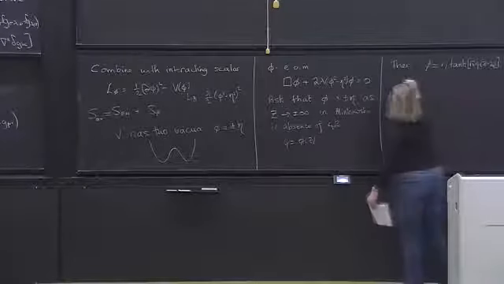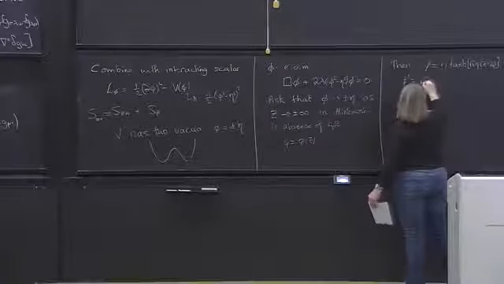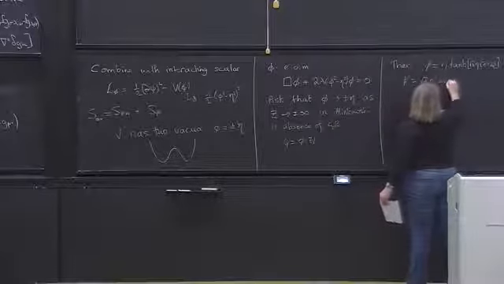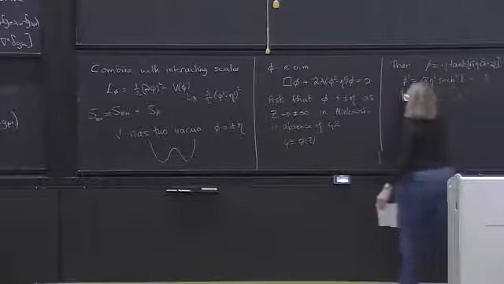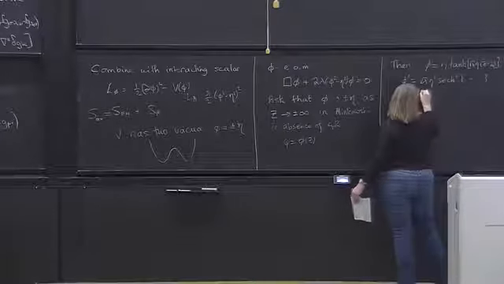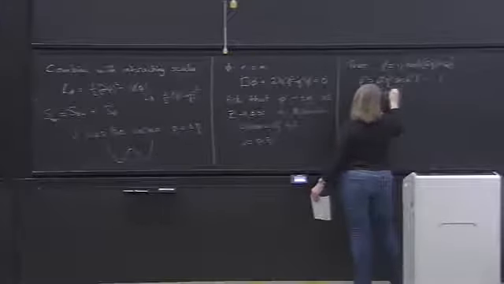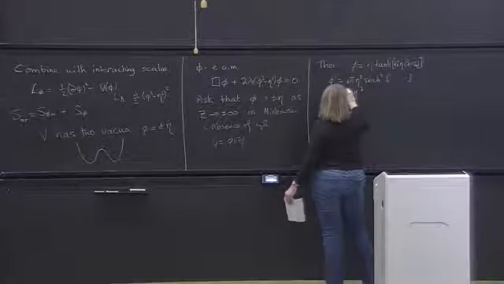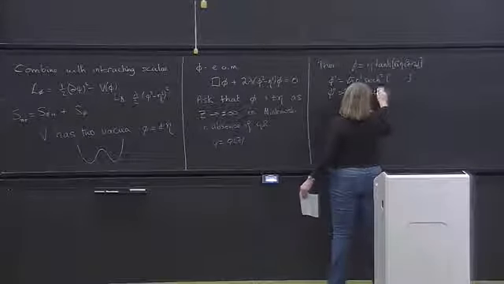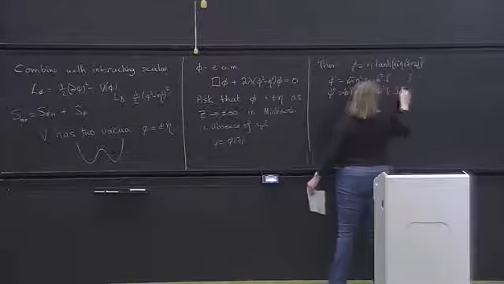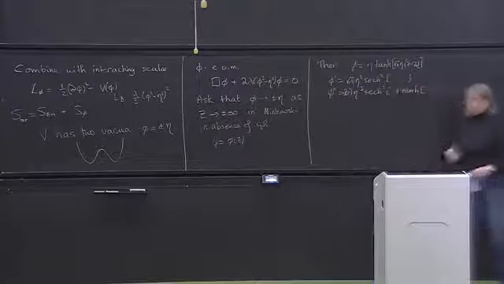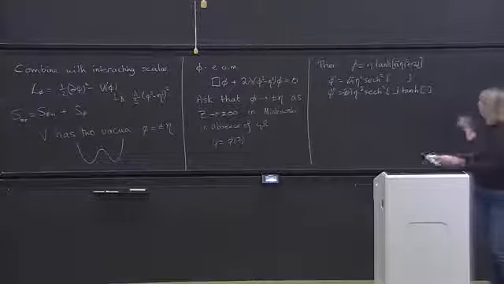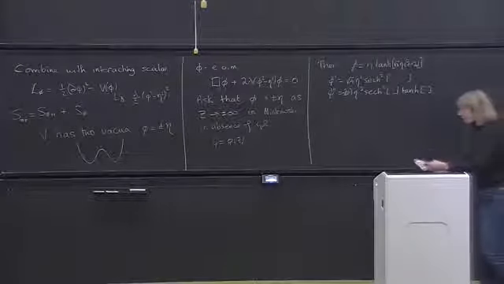I've got that phi primed is then root lambda eta squared times sech squared, and phi double primed is then going to be lambda eta cubed times minus 2 sech squared tanh. So I'm not rewriting this root lambda eta z minus z naught piece.